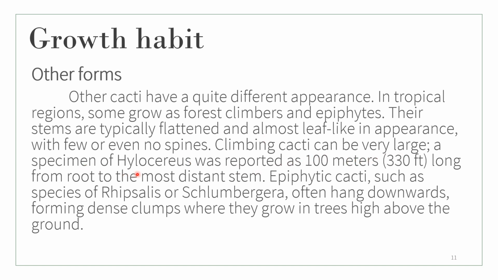A specimen of Hylocereus was reported as 100 meters or 330 feet long from root to the most distant stem. Epiphytic cacti such as species of Rhipsalis or Schlumbergera often hang downwards, forming dense clumps where they grow in trees high above the ground.